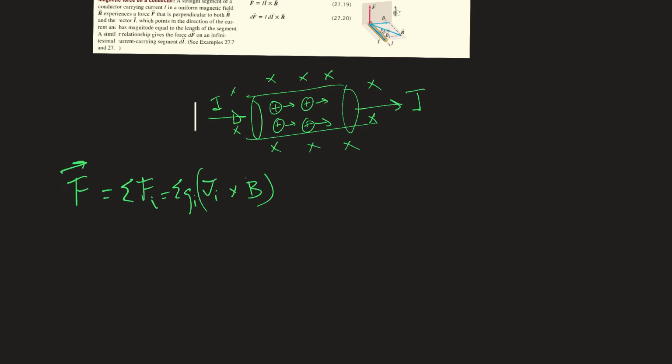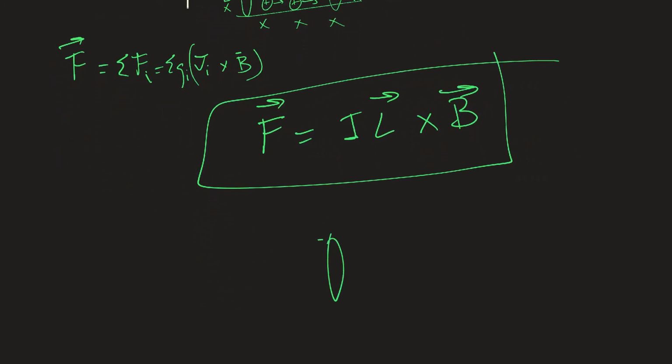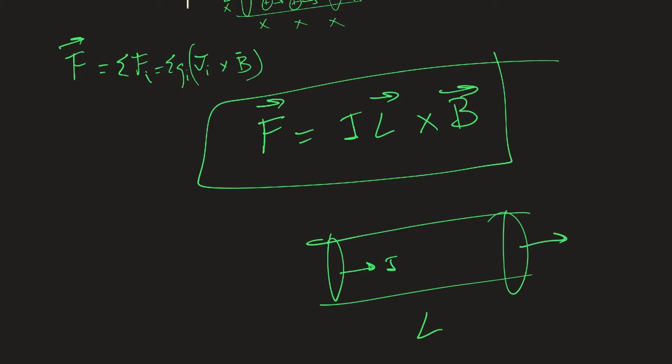So the sum of all the F_i will be this total force. If you sum all the individual forces over all the particles, the force will be I L cross B. And this is the equation that you will find all the time as the total force acting on a conductor, where this is L, this is I entering, this is I going out, and I times L is the vector.